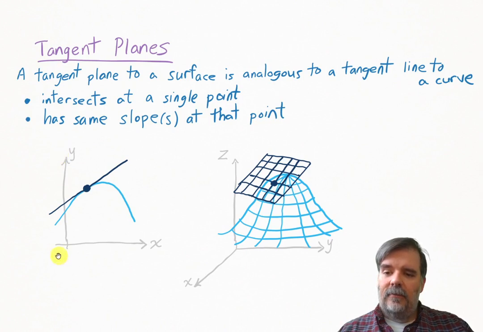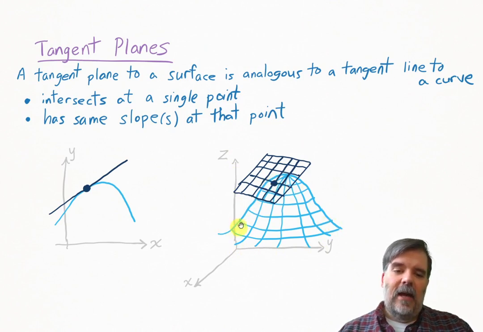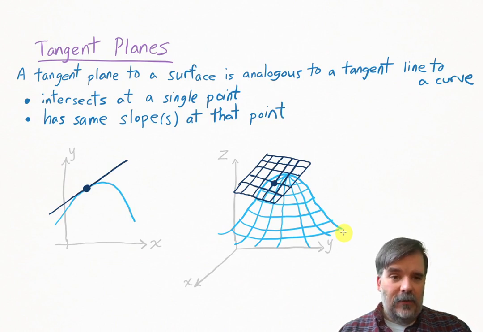In particular, if we have regular old calculus, some kind of a curve, there's really only one tangent line to a curve at a given point. Now, if we look at the case of multivariable mathematics, right here, this blue hill shape, I'm thinking of that as a graph of my multivariable function.